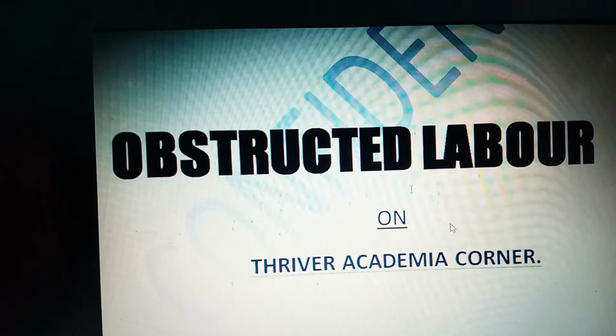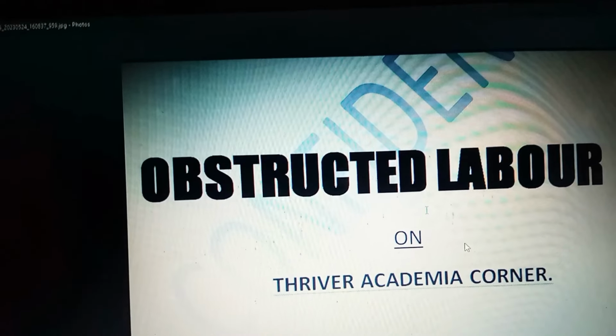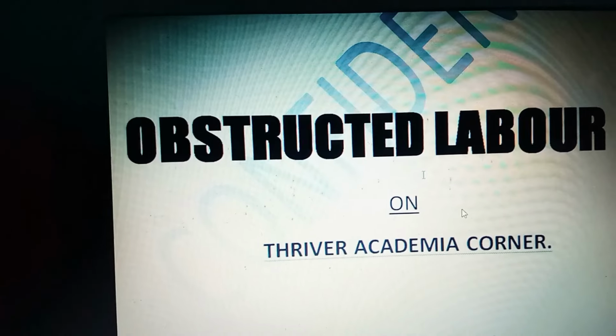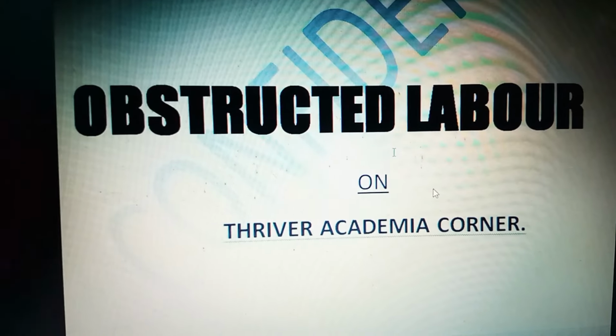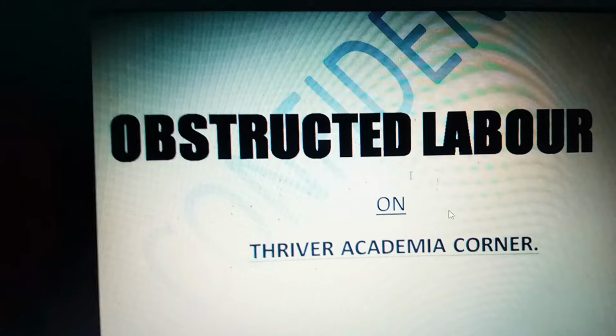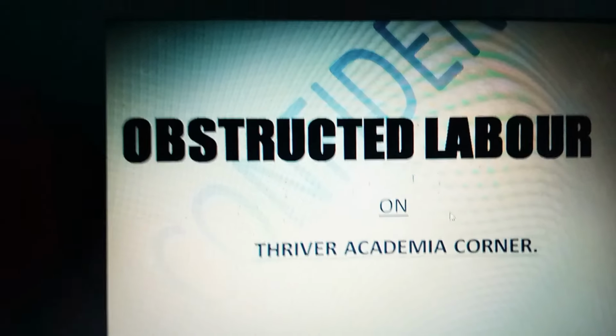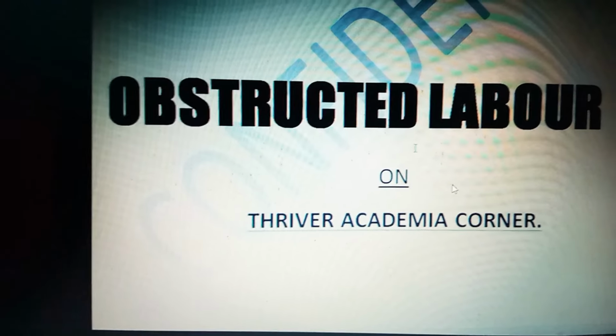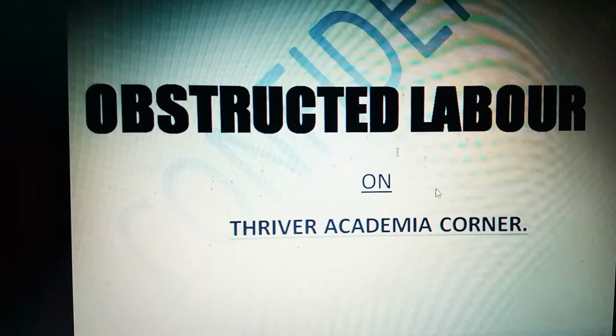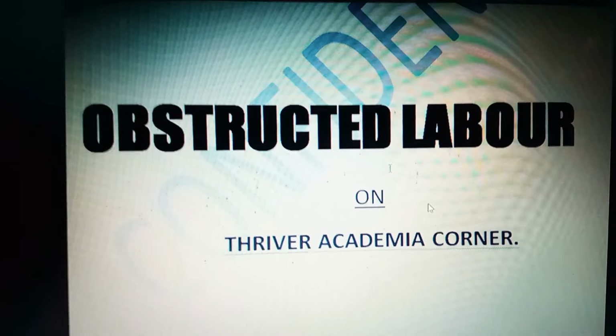The faults can be either due to the passage or the passenger. This obstruction can occur at the inlet, cavity or outlet. So that was our topic of discussion for today.